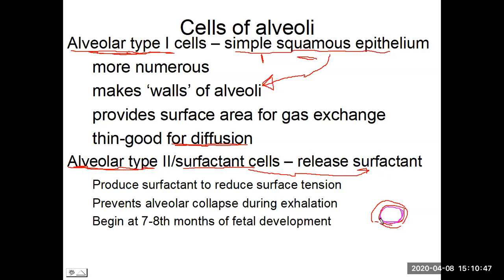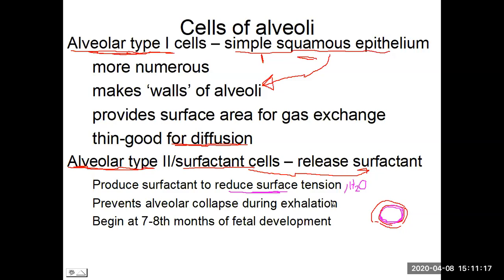And the importance of this surfactant is it reduces the attraction, the surface tension between water molecules. The same water that we do want in our lungs to give some moisture, some humidity. We do want some degree of moisture to coat and protect the type 1 cells, the simple squamous epithelium. We do want that tissue to remain moist.